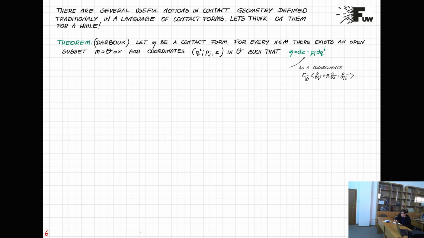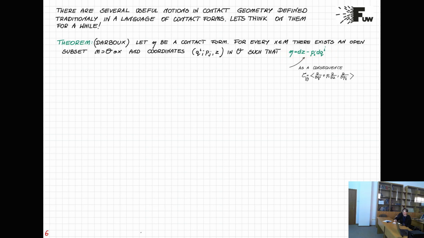Around each point we can find an open subset, which is a coordinate domain, and a set of coordinates, an even number of them, such that the given contact form we started with has this canonical expression as on the jet bundle.